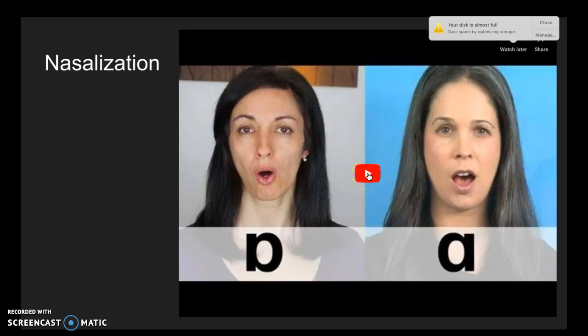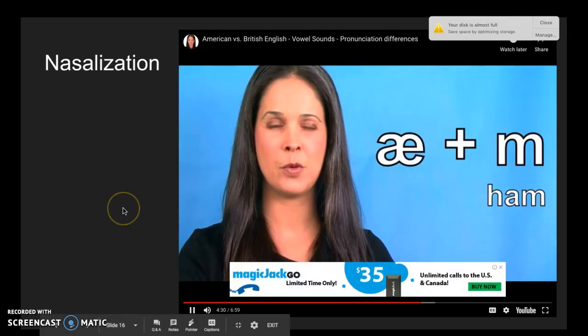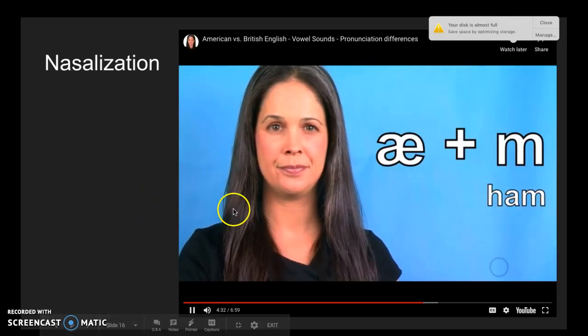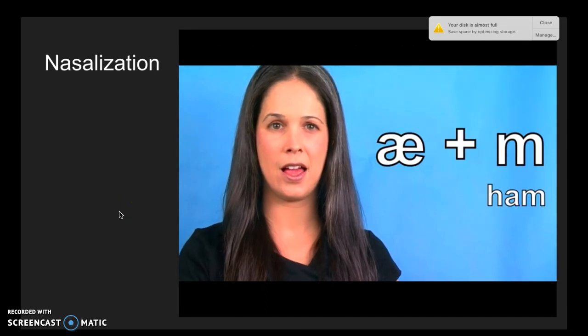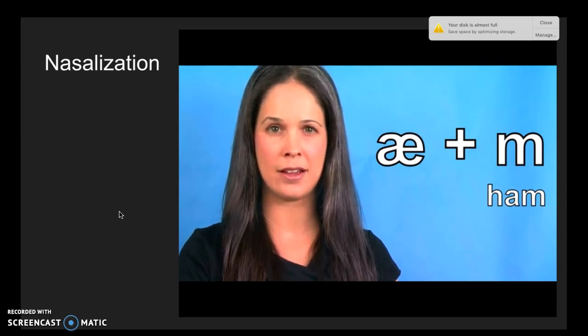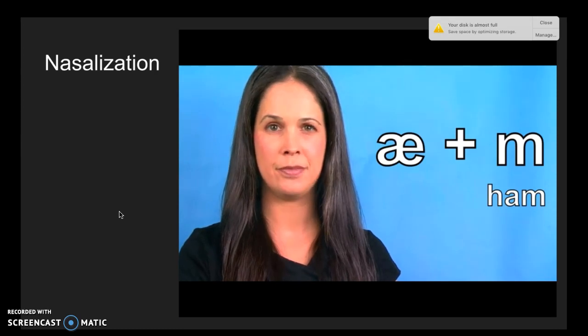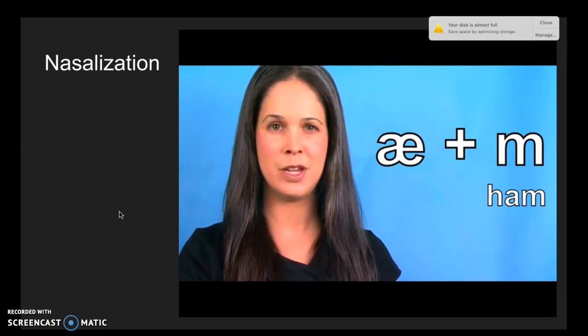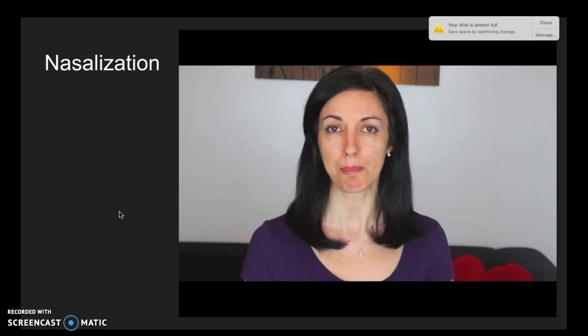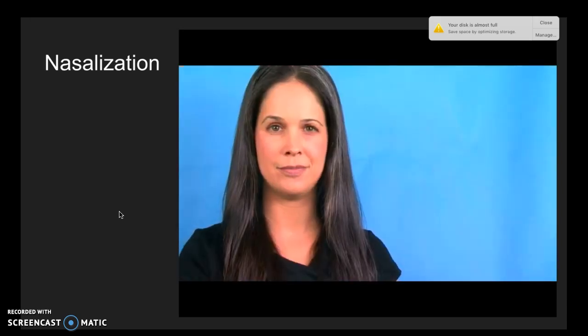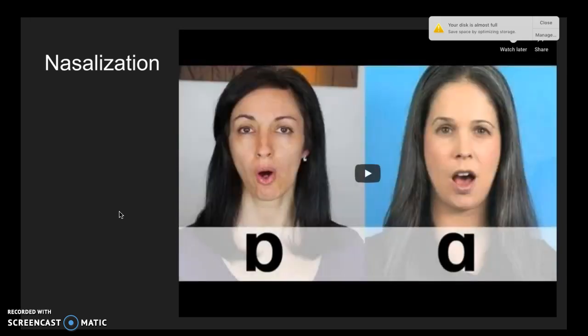And this is one of the ways you can hear our different accents. An example with M. Ham. Again, you can hear the sound as my tongue relaxes down in the back before the lips close for the M sound. Ham.